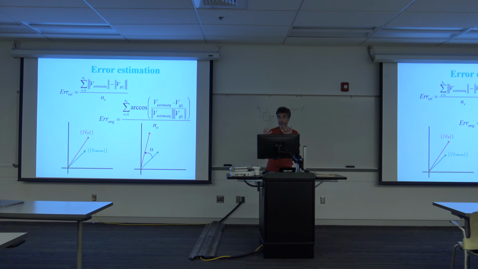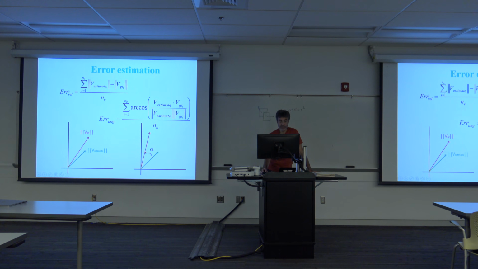But whichever you want to use in your application, you're going to need to know how well that algorithm is actually working for you. And how are you going to measure this? There are 2 things that are important in optical flow. The first thing is the magnitude of the optical flow. The magnitude means the length, or the norm of the vector.